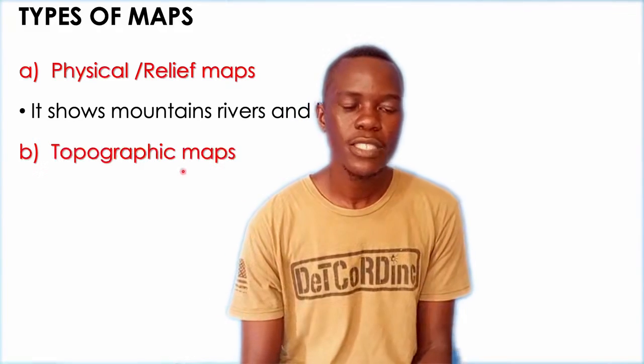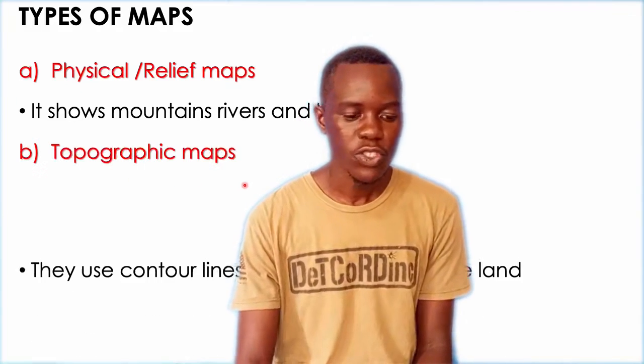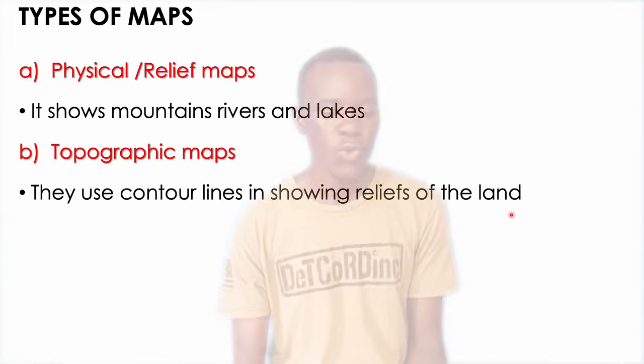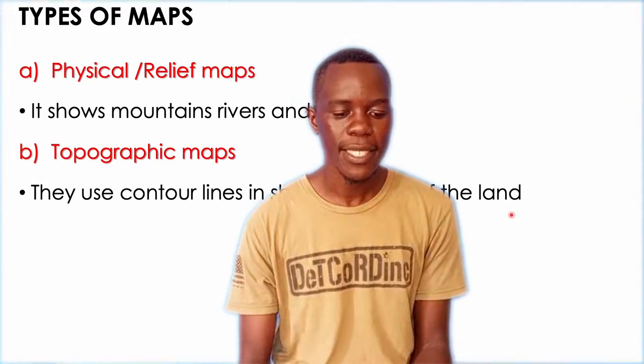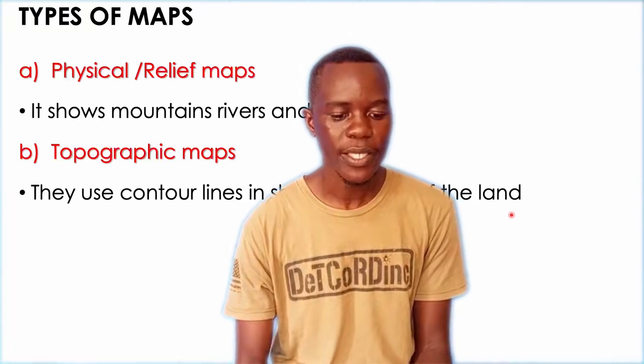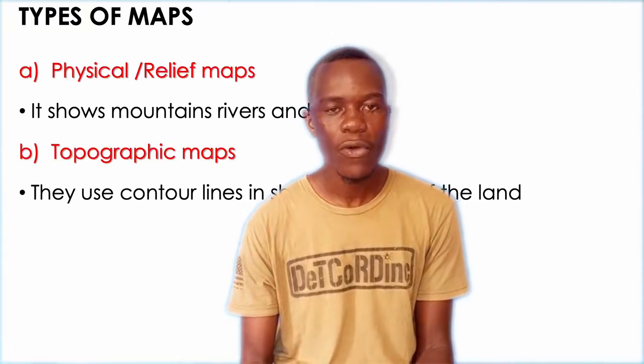The other type of map is the topographic map. A topographic map uses continuous lines to show relief on the map. These lines are the ones used for showing the relief, and relief here refers to physical features.